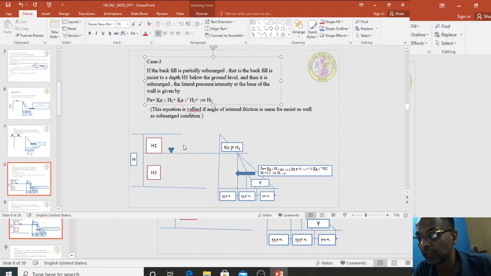And if phi1 is not equal to phi2, then for this triangle you have to take Ka1 gamma H1, and for this triangle you have to consider Ka2 gamma H2.